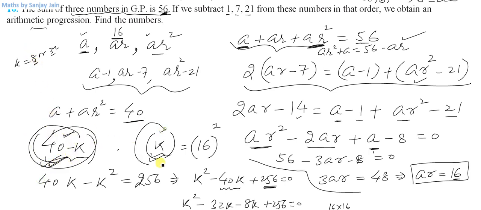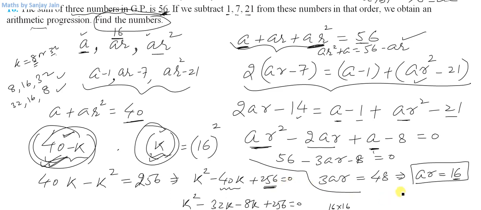These two numbers are going to be 8 or 32. So the GP will either be 8, 16, 32 or 32, 16, 8. But in both the cases, the numbers are going to be 8, 16 and 32.